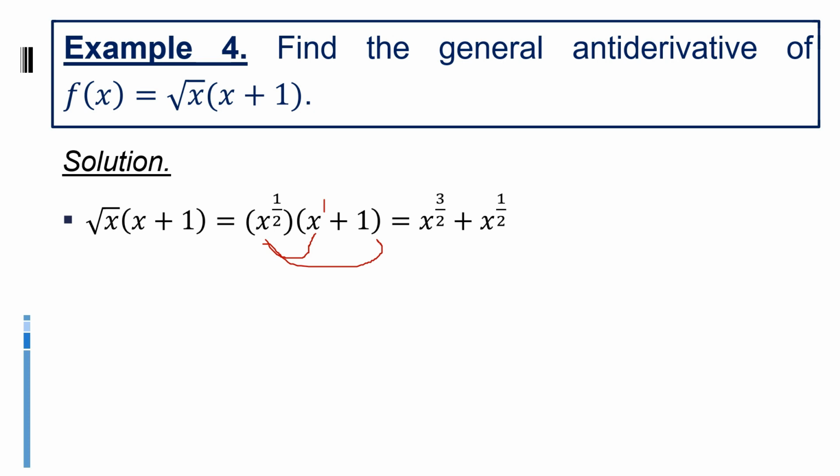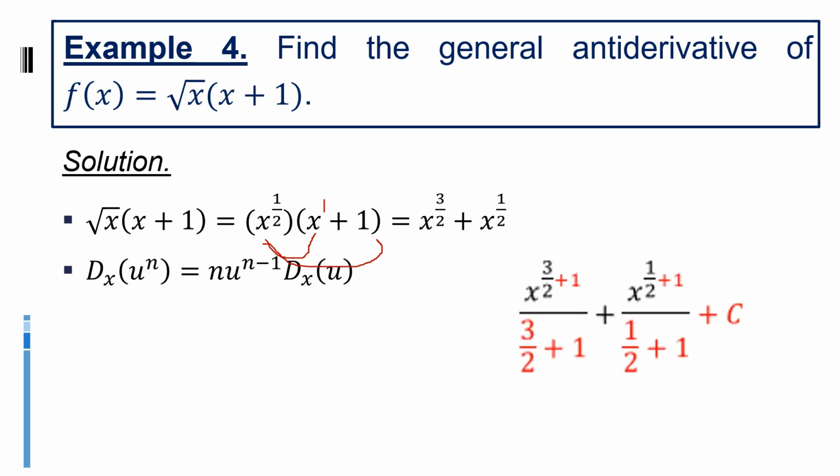Since meron na tayong dalawa na mas madaling hanapin ang kanyang antiderivative, so pwede na natin gamitin yung ating power rule. Okay? So we now have x raised to 3 halves plus 1, and then whatever na nandyan sa taas na exponent, yun ang i-divide, plus x raised to 1 half plus 1 over 1 half plus 1 plus c.